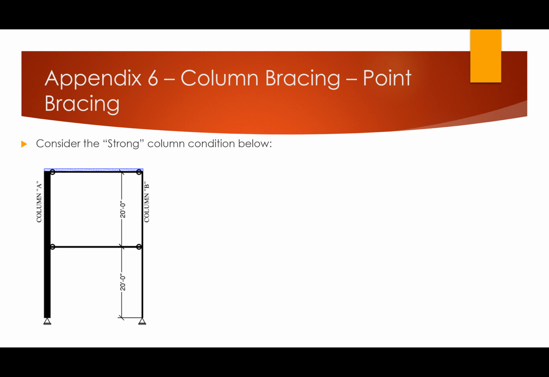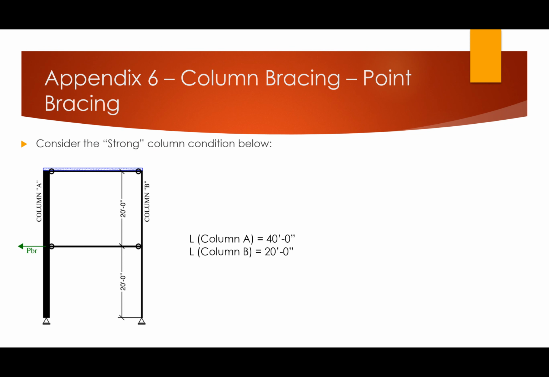And let's go ahead and look at the answer here. Well, column A has an unbraced length of 40 feet, where column B has an unbraced length of 20 feet, right? So in other words, column B is able to lean on column A, where column A provides that external support to column B, right?